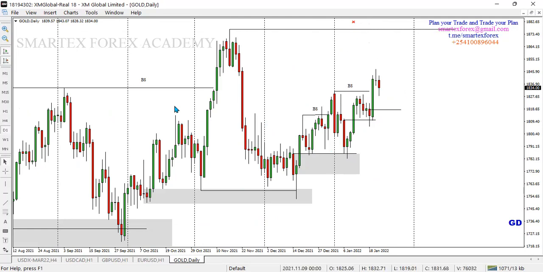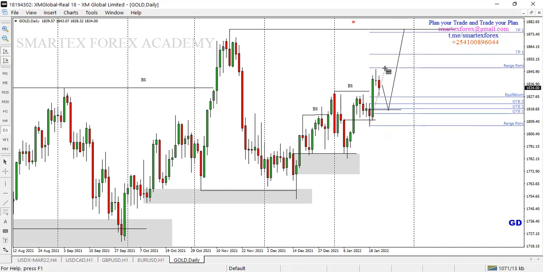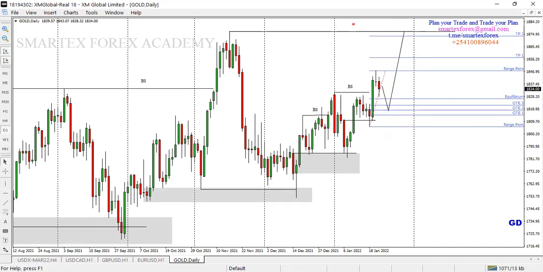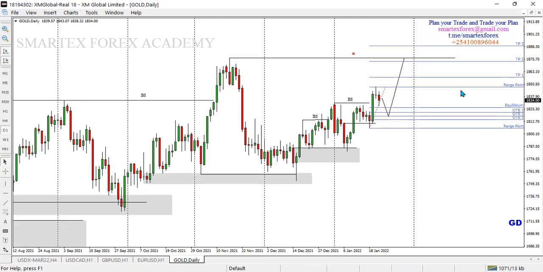So we may expect the price to come back to these zones before we get the next up move, targeting this one. Simple as this. This is what I'll be expecting. Return to these zones before we see this one. This is our liquidity draw.